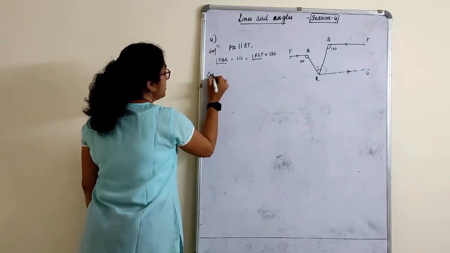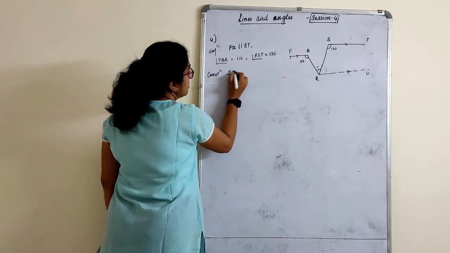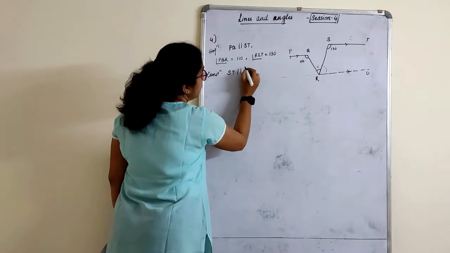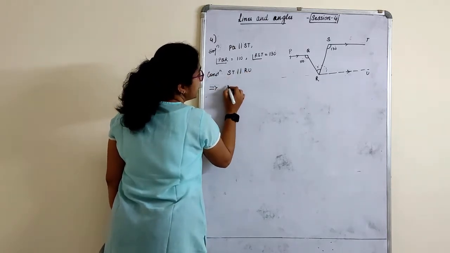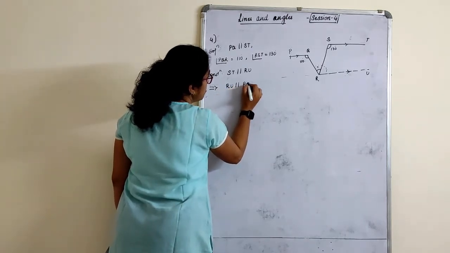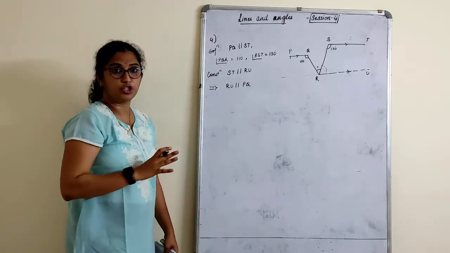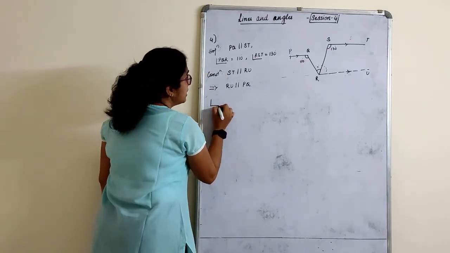From construction, ST parallel to RU. This implies RU is also parallel to PQ. Write that here and finish it off. Done? Okay, so there we will start.